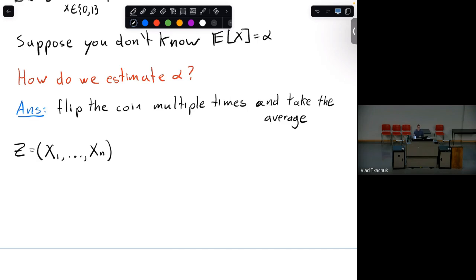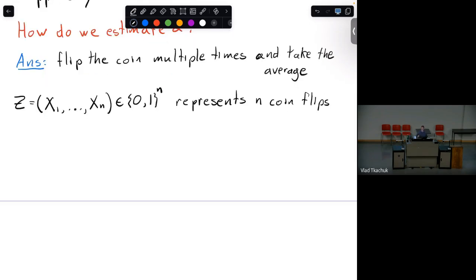They're going to come up either 0 or 1. So each one of these has the outcome space {0, 1}, and since we have n of them, it's the Cartesian product n times. So this represents our n coin flips. You can hopefully see how this is related to our data set of n feature-label pairs. We're going to repeat all this in a second for the data set.